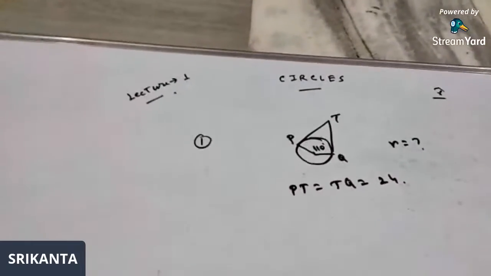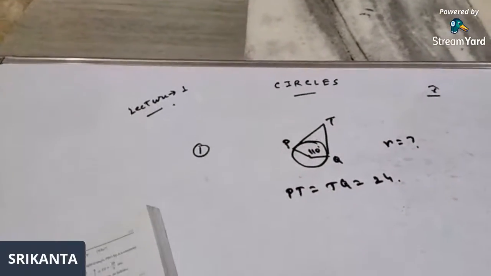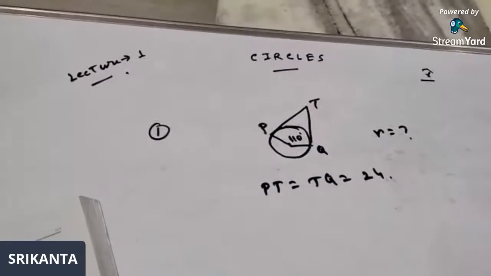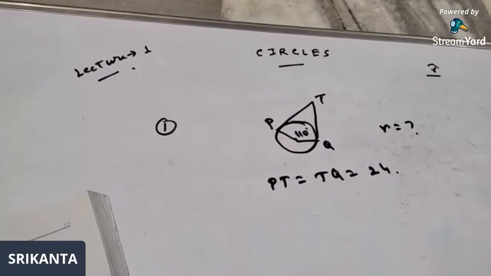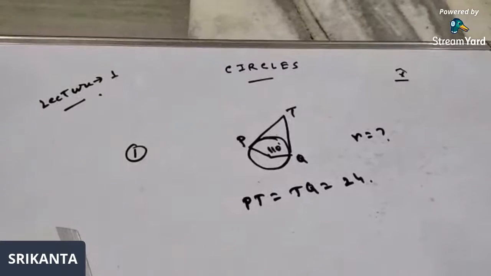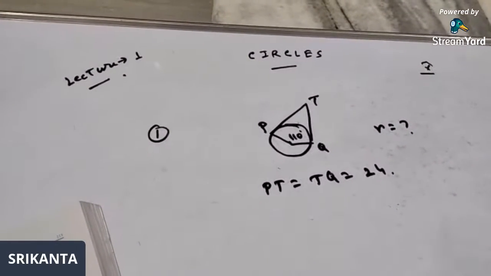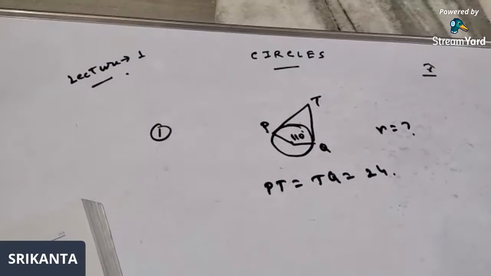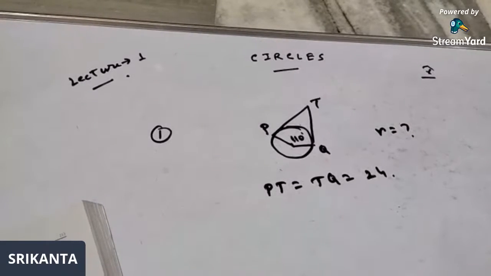What does it say? From a point Q, the length of the tangent to a circle is 24 centimeter, and the distance of Q from the center is 25 centimeter.